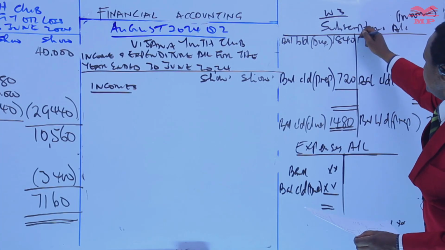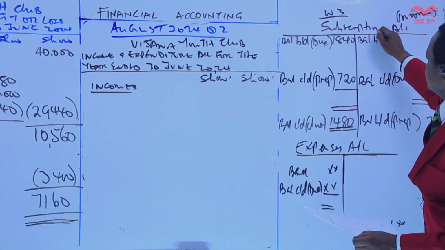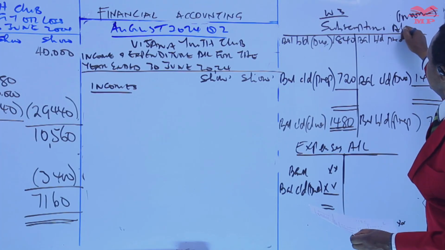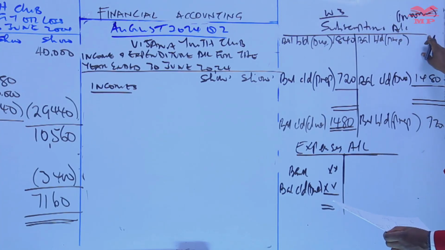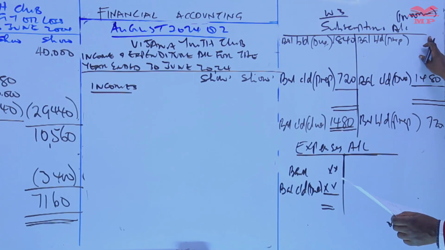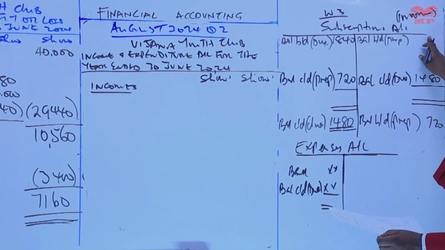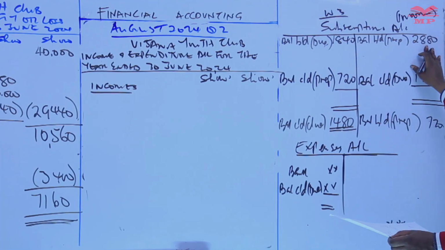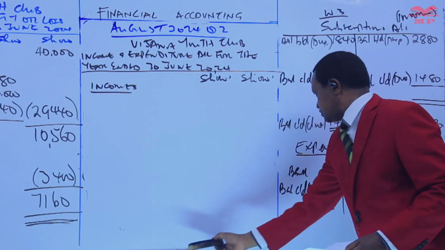Prepaid at the beginning, balance brought down, prepaid, we credit. How much is it? That is prepaid at the beginning, 2820. So this is how you go about it.